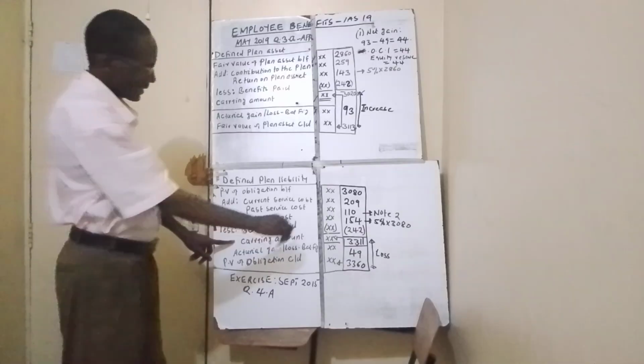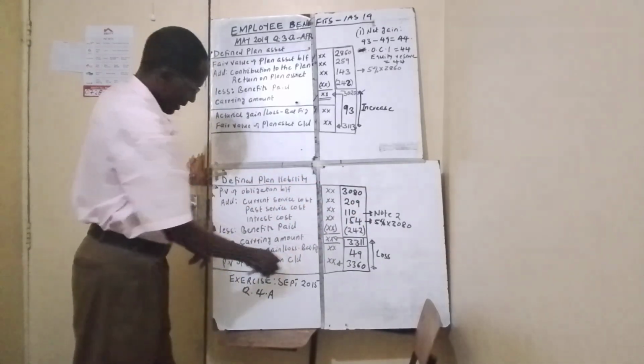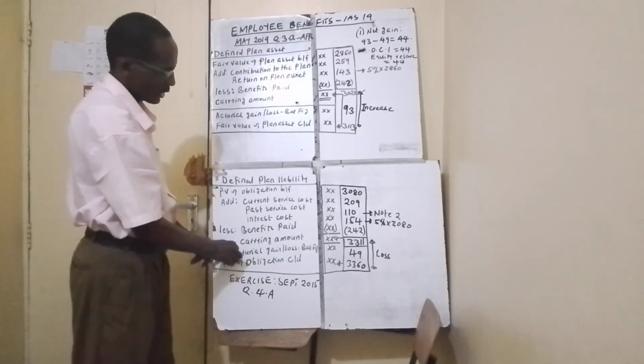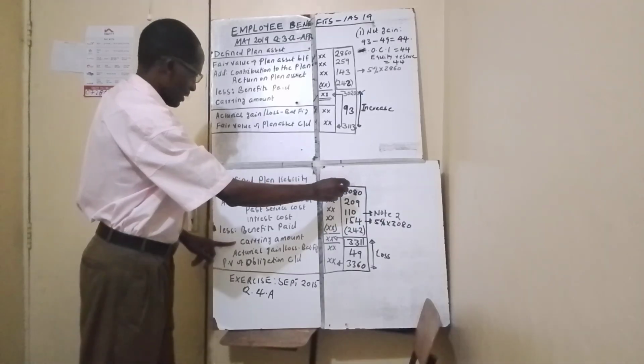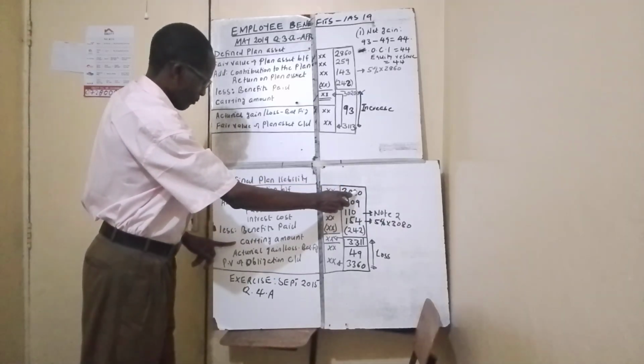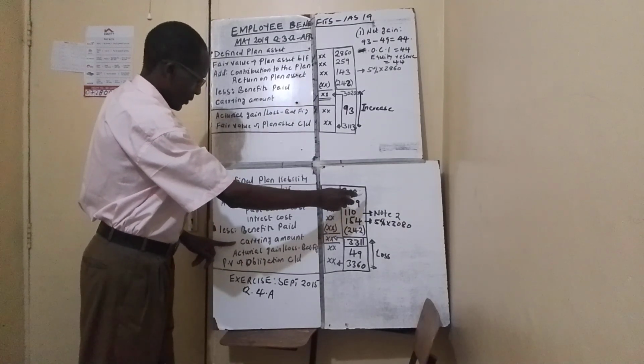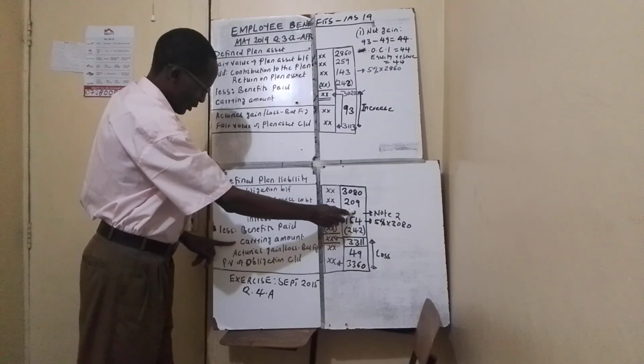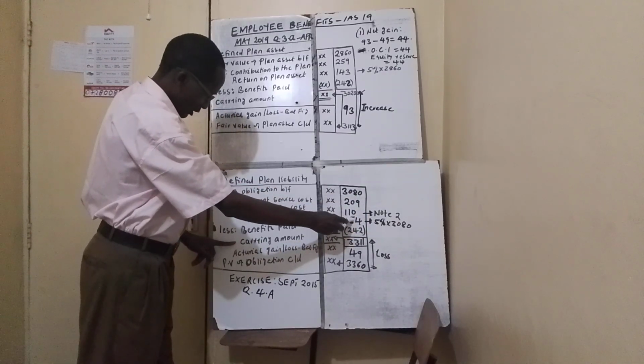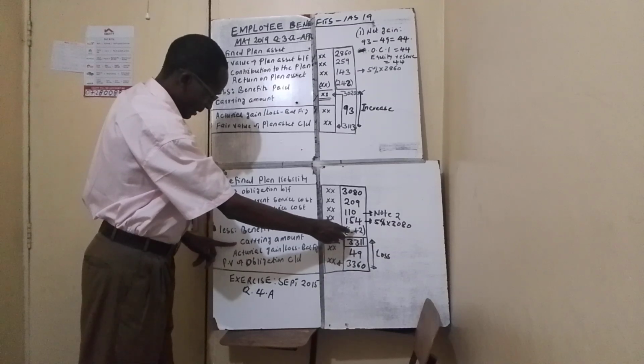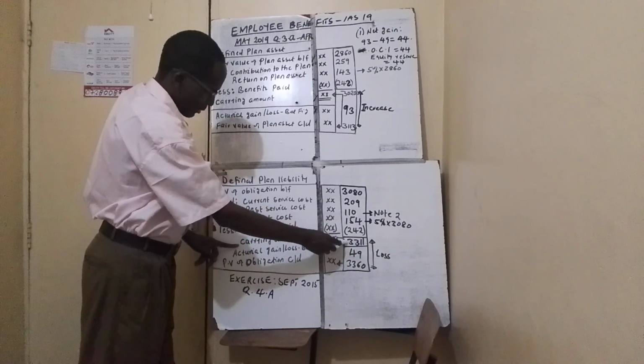After adjusting these figures, you get the carrying amount. That is, present value of obligation brought forward, we earn current service cost, past service cost, and interest cost, we less benefits paid, and we get the carrying amount.